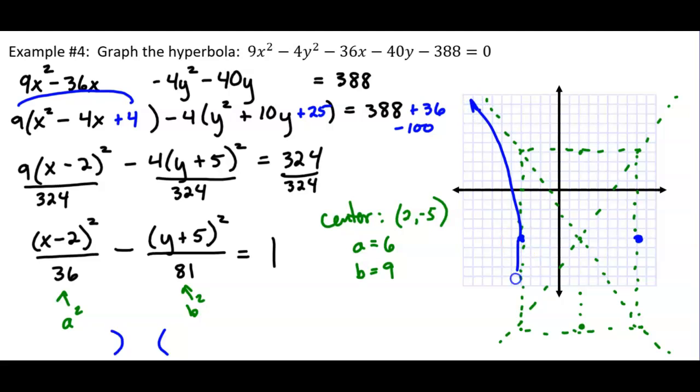This is kind of a wide one. These don't always look beautiful. In the book they look beautiful. But, okay, that's the graph. So we get it in standard form, and then we find the center and the A and the B, count everything out, draw the asymptotes, find the vertices, and draw the hyperbola.